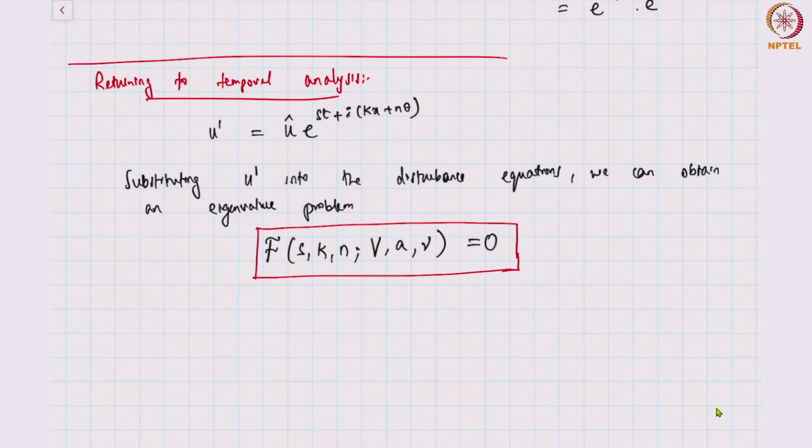For some of you, you may not be very familiar with how I achieve this. We will take an example problem. We'll do the analysis for the Rayleigh-Plateau instability, and hopefully it will become clear. So this is called the dispersion relation.